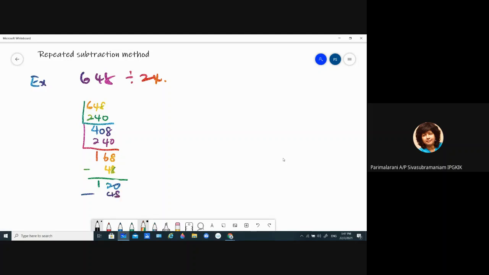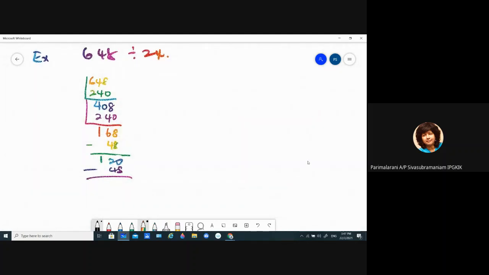Then we minus another 48. So we have 72, minus another 48 is 24, minus 24. Now we minus 24 and we have 0.